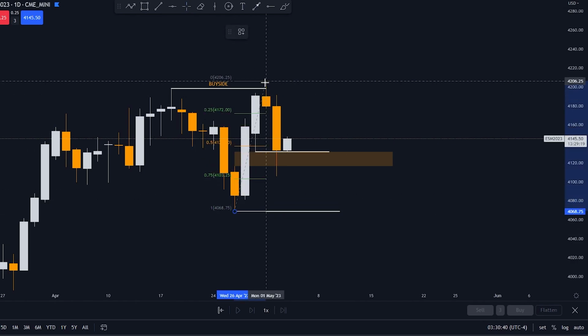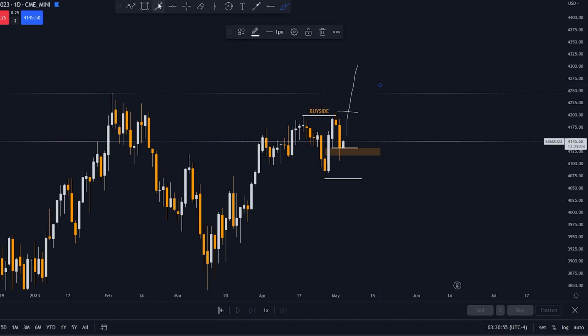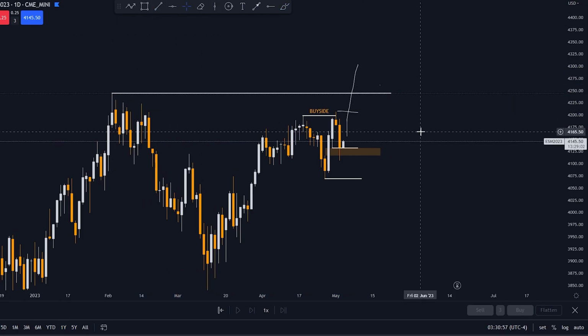Also premium and discount zone. We went into the discount zone, entered on the fair value gap hold. So now we expect the price to go above this buy side here and take out this one.